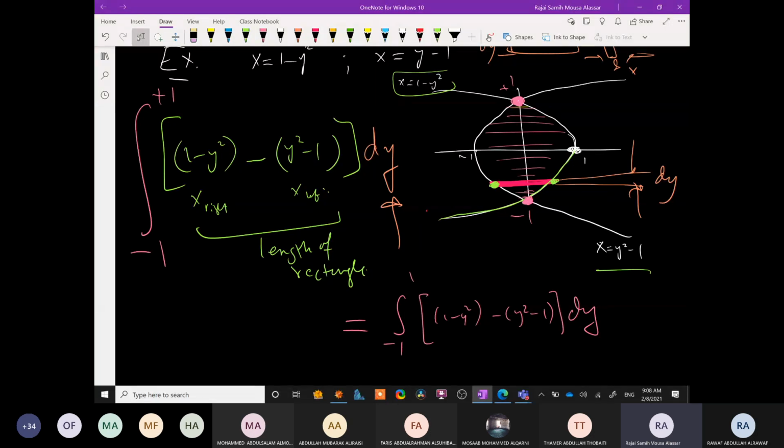You only have to rotate the picture, but you don't have to. Instead of taking a vertical rectangle, you take a horizontal rectangle. I'm not going to do the integrals; they are extremely trivial.